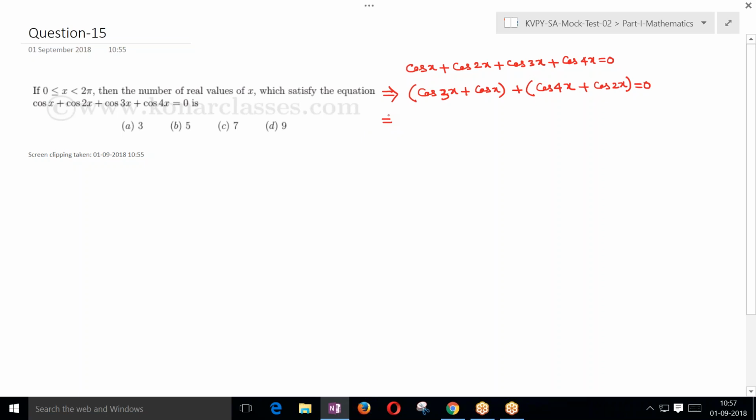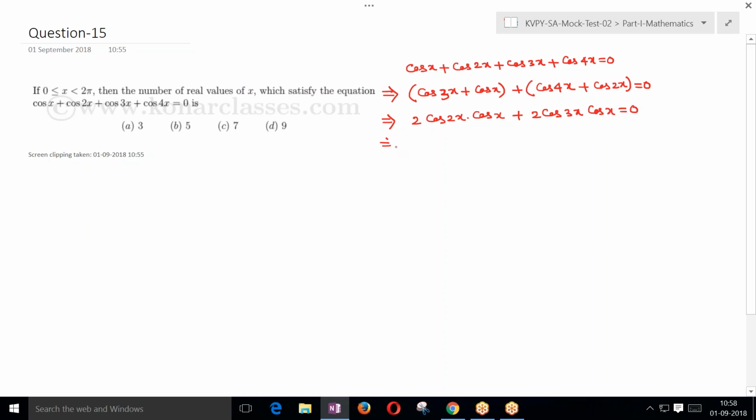Now we apply the formula of cos C plus cos D. Cos C plus cos D is equal to 2 cos (C plus D) by 2, that means (3x plus x) by 2, that is 4x by 2, that is cos 2x, into cos (C minus D) by 2, that means (3x minus x) by 2, that is 2x by 2, is x, plus here also the same thing, cos C plus cos D, we get 2 cos (C plus D) by 2, that is 3x, into cos (C minus D) by 2, that is equal to 0.